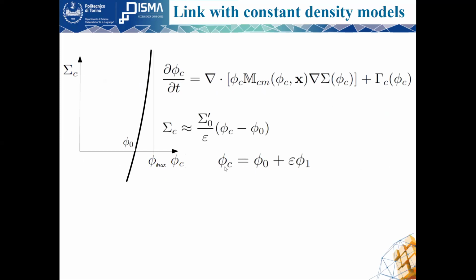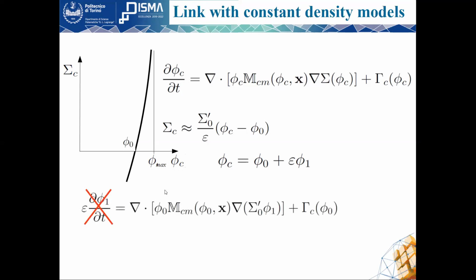You can say that the volume ratio is basically a constant plus a small perturbation, while your sigma has a slope that is very large. So this is the slope of this straight line, if you want. The tangent here is P0, and the slope is sigma 0 over epsilon.